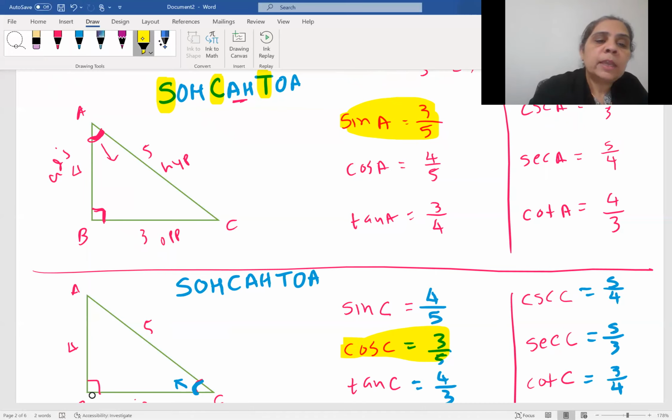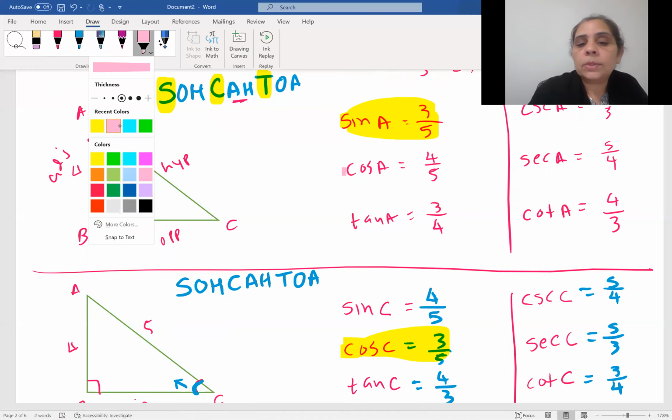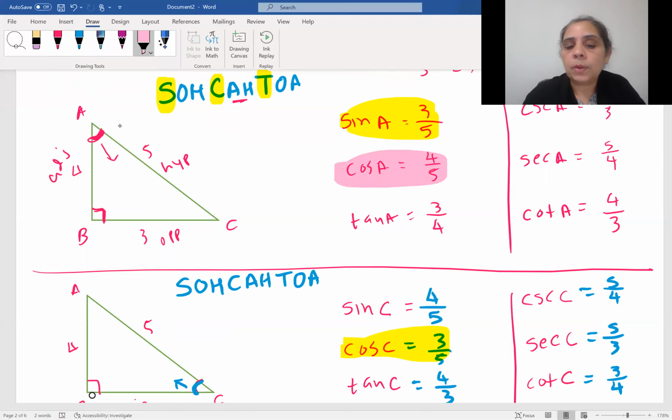Cosine A is 4/5, and sine C is 4/5. So cosine and sine are co-functions, okay? I will explain to you in the next video how we decide co-function. It will just take 1 second to do it, okay?